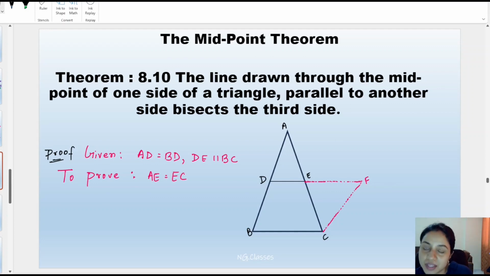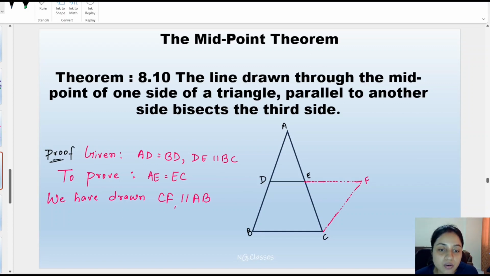Now here also we have done the construction. We have drawn CF in such a way that CF or FC must be parallel to AB. Now since CF is parallel to AB, we can also say that CF must be parallel to BD. Since parts of two parallel lines must be parallel with each other, from here we can say that CF must be parallel to BD.